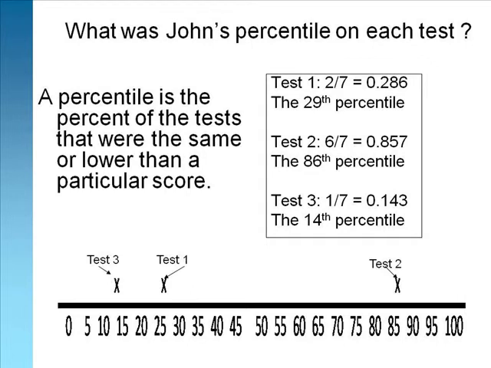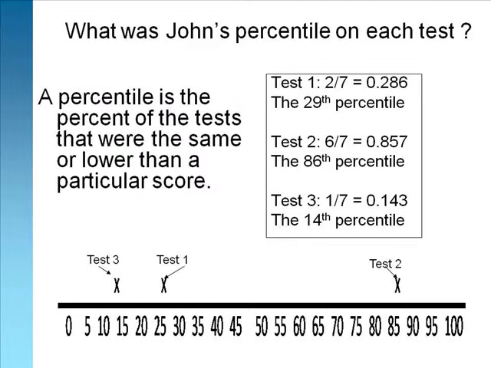Percentiles are standard scores that have the same definition for each test and help John understand how he did compared to other students. A percentile is the percent of scores that were the same or lower than any particular score. For John, on Test 1, 2 scores were the same or lower than his out of 7 scores, which equals 0.286, which is the 29th percentile.